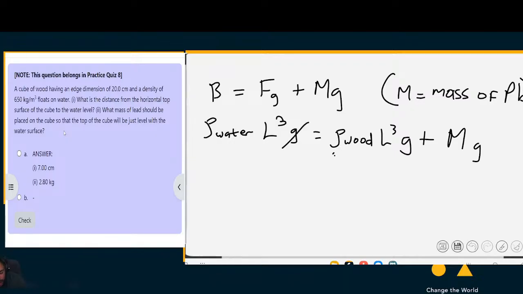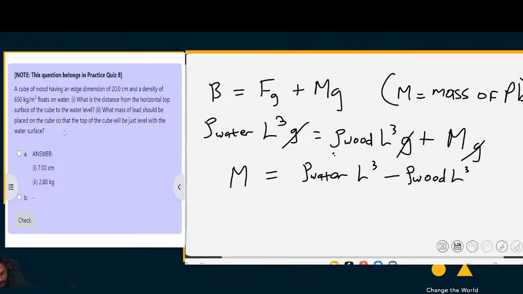Now we can see straight off, we can cancel all g's. And if we make M the subject of the formula, we have that M is equal to the density of water times L cubed minus the density of wood times L cubed.